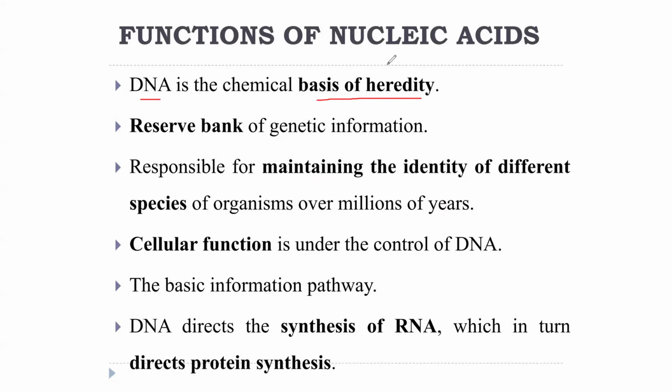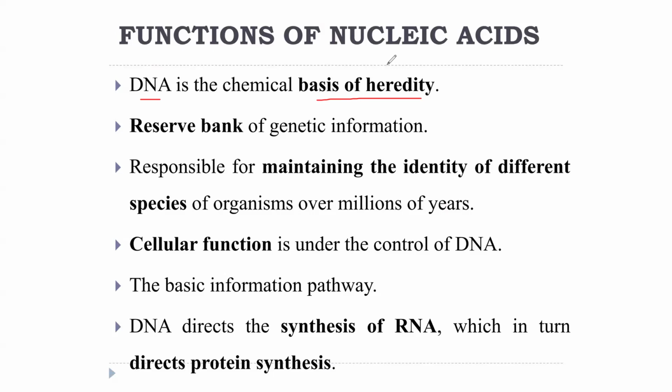The similarity between the first human that came around 400,000 years ago and the humans that are surviving now, you can see that the difference is very small. And all those identities are retained as a result of this nucleic acid material.